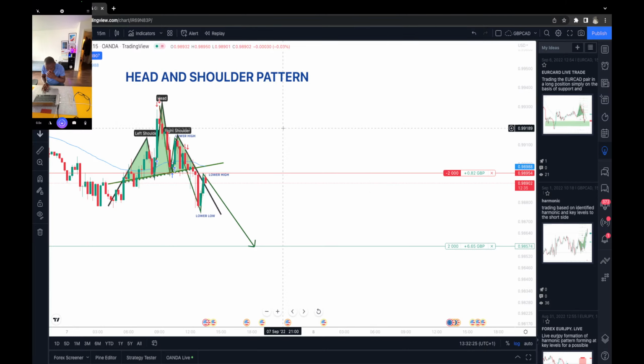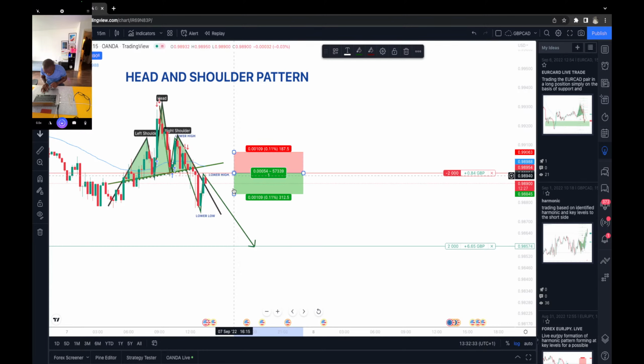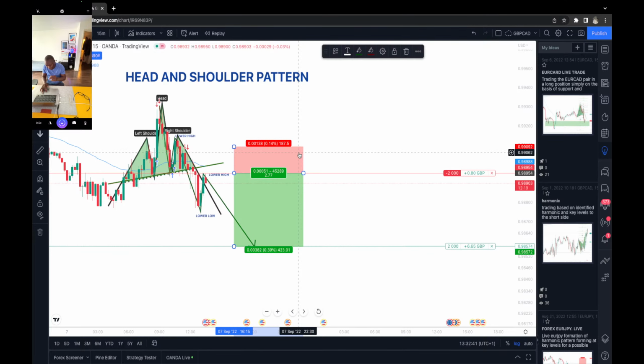I haven't put a stop loss in. Now this is what I'm aiming for. That's what I'm aiming for with this particular pattern.